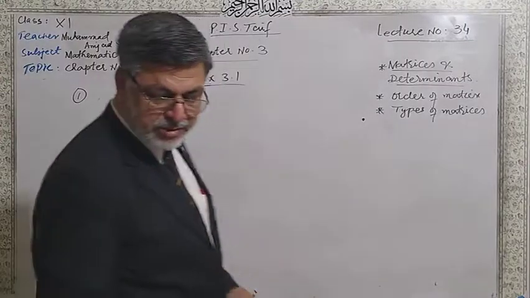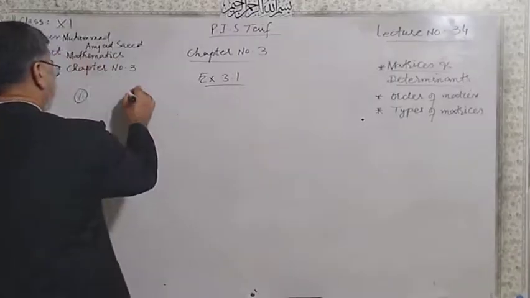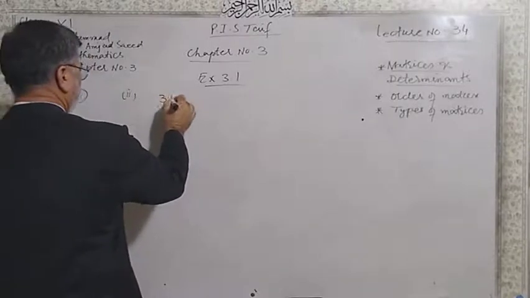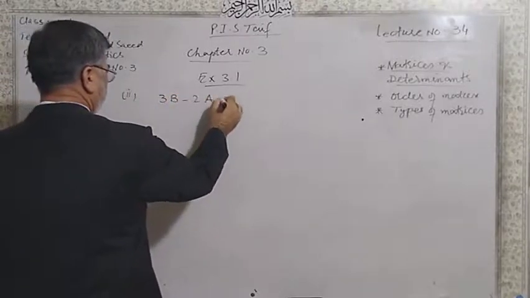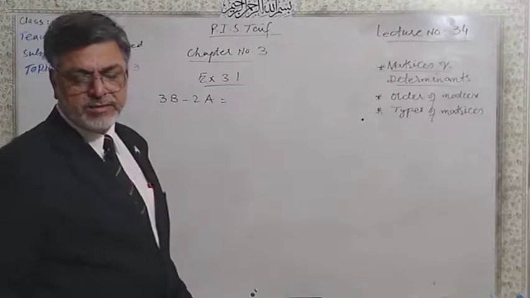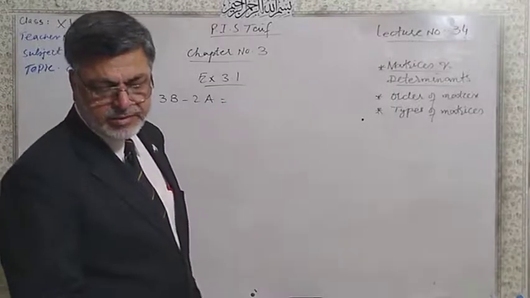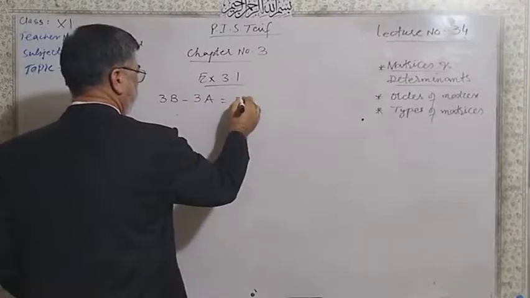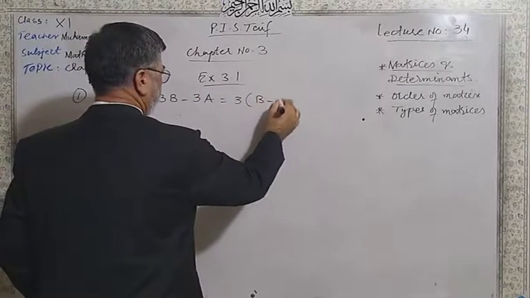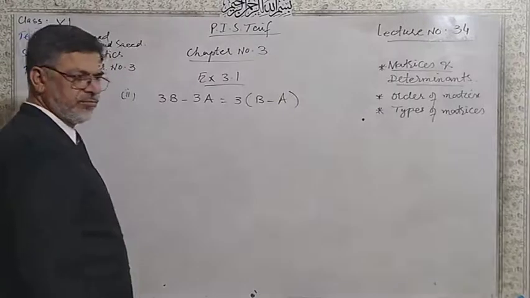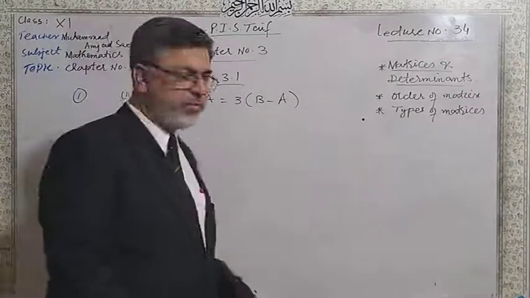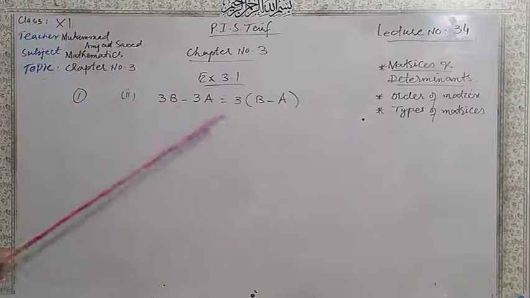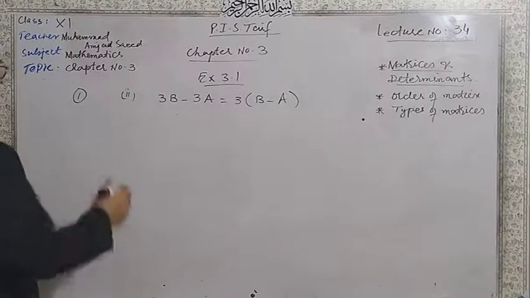I am taking part number 2: 3B minus 3A, that will be 3 into B minus A. You have to prove that left hand side is equal to right hand side.